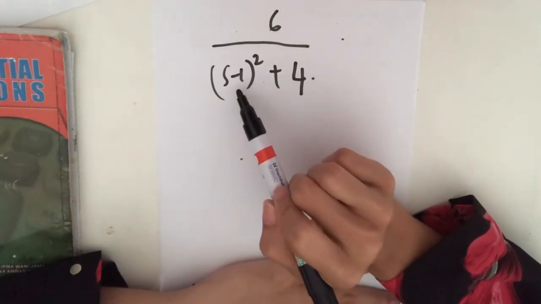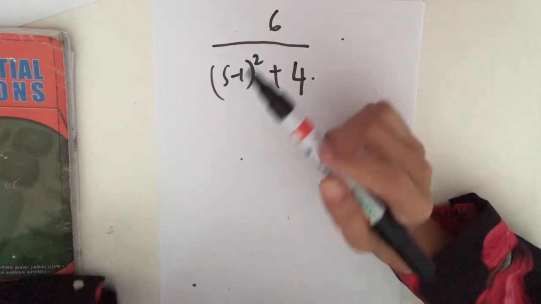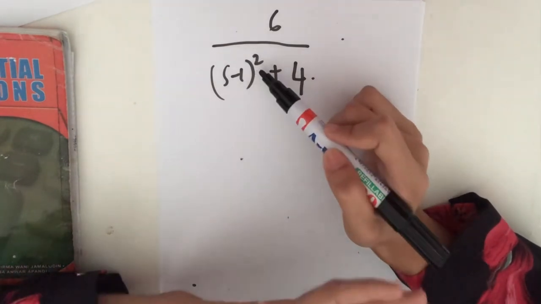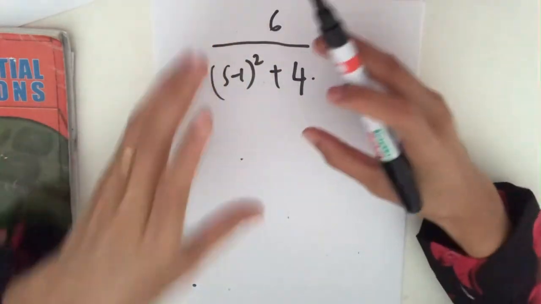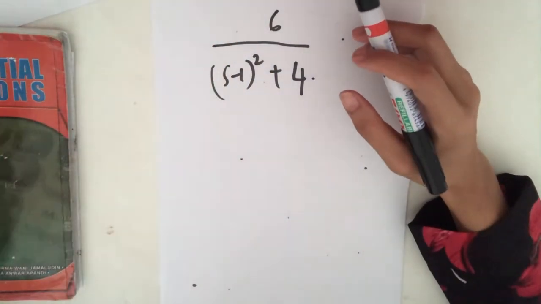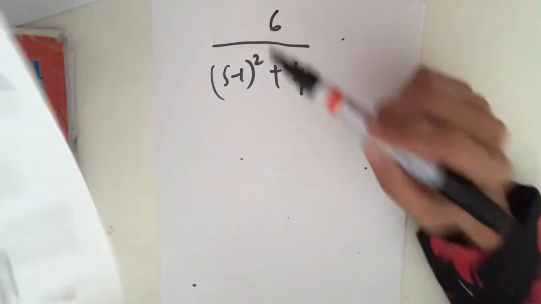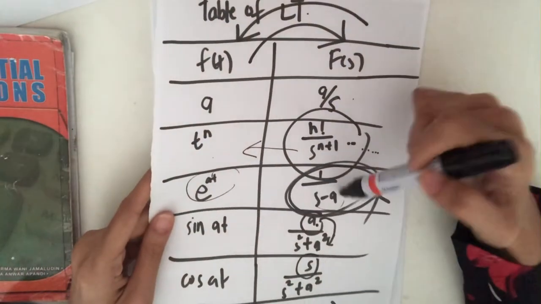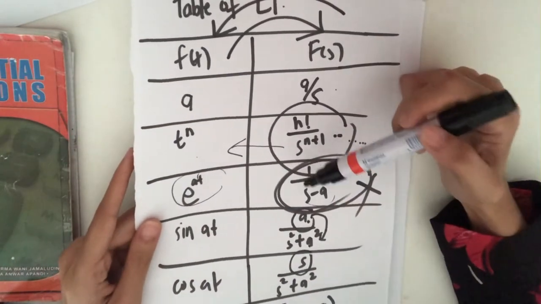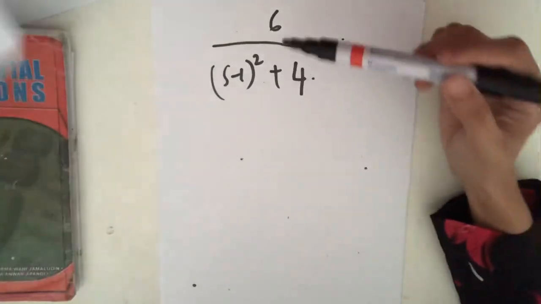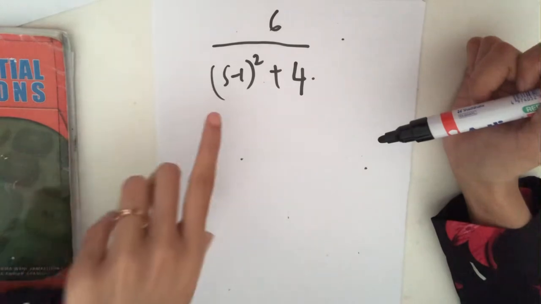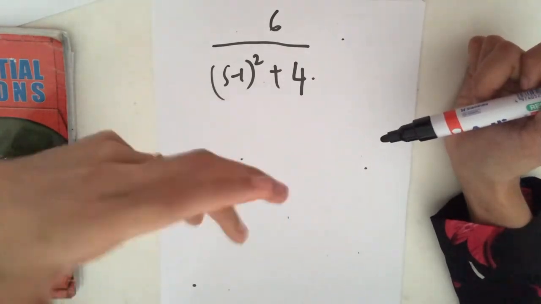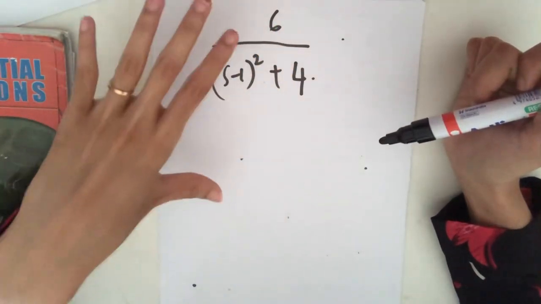When it is s minus something and it has a power, its shape is also not like the exponential of a. Because if it is exponential, it must be just 1 over s minus a, but this one is 6 over (s minus 1) squared plus 4. The keyword here is that they have s minus something, so this is a first shifting.